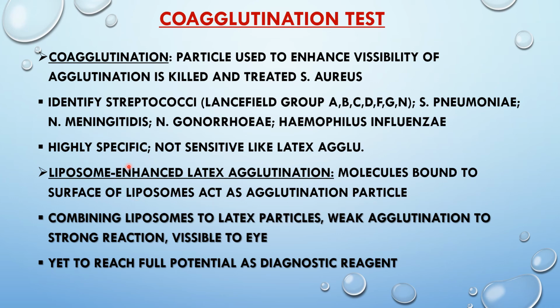In this test, liposomes are combined with the latex particles, and weak agglutination is converted to a strong reaction which is visible to the eye. This is yet to reach its full potential as a diagnostic reagent. So these are examples of agglutination tests.